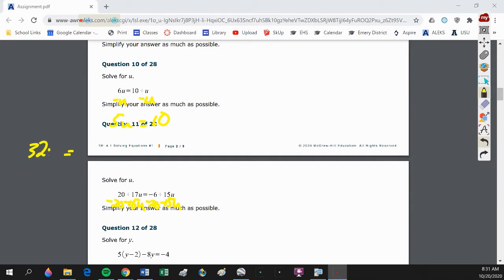So 32u is equal to negative 32, and then divide by 32, and u would be negative 1. Okay. Number 12 is sort of similar, but first I need to divide or multiply that 5 in and then solve. And that might be everything we need.